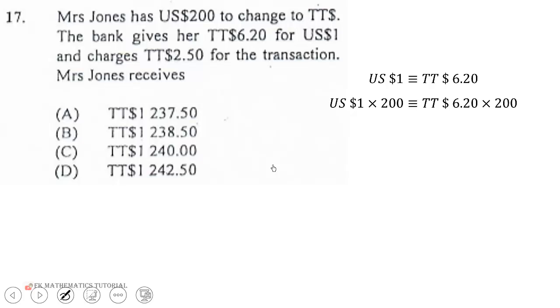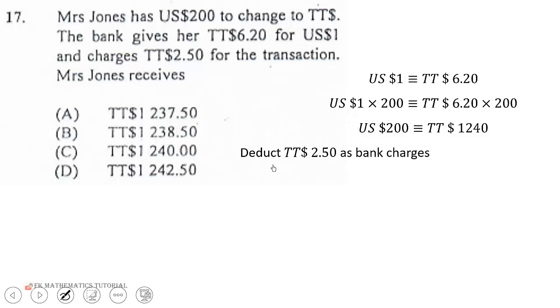So 200 US dollars will give us 6.2 times 200 Trinidad dollars, and that will give us 1,240 Trinidad dollars. Now we have to deduct 2.5 Trinidad dollars as bank charges. So the remaining amount will be $1,237.5.